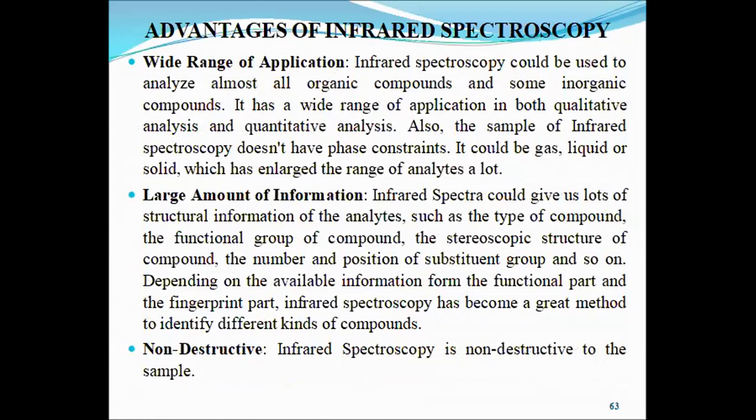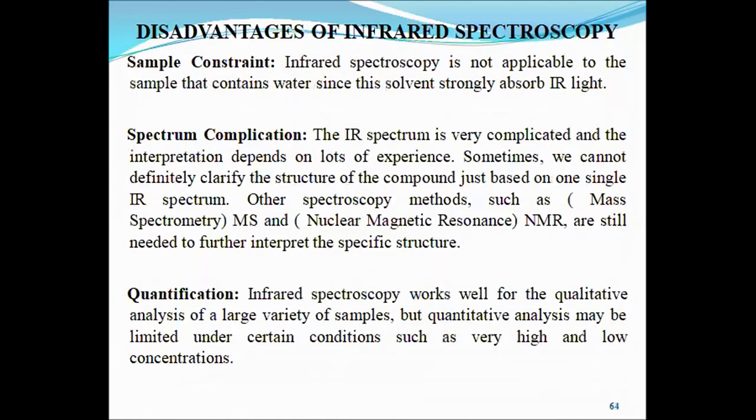We get a huge amount of information about different types of compounds, the functional groups associated with them, the stereoscopic structure of the compound, the position of the substituted group, etc. It is also non-destructive, that is, the sample remains undestroyed, which is also an advantage of IR spectroscopy.